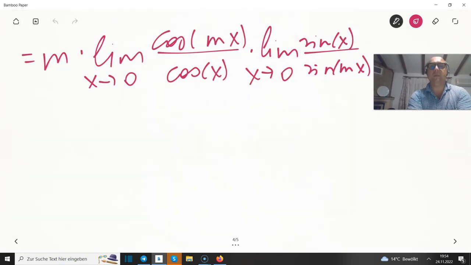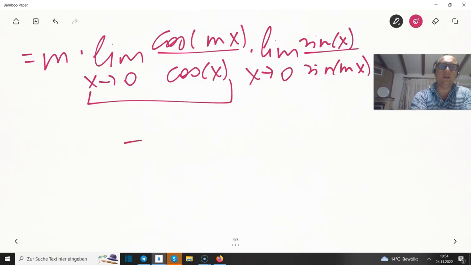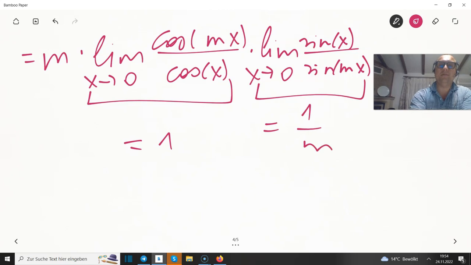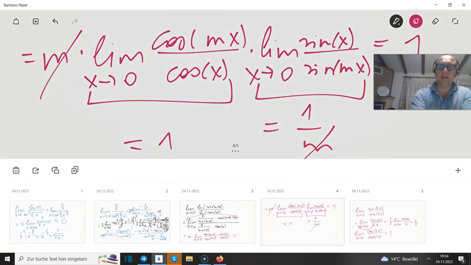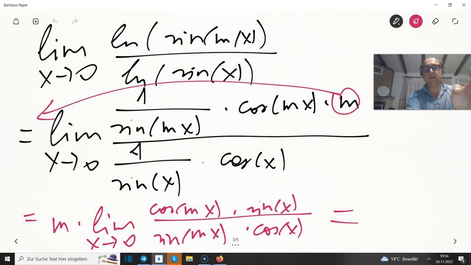So what does it mean? That means this one is giving us 1. This one is giving us 1 divided by m, which we can cancel with this m, and the total result would be 1. Once again, why was I allowed to take the limits apart?